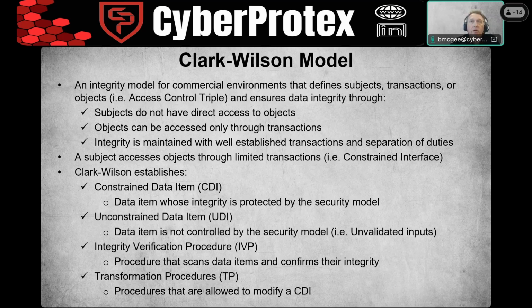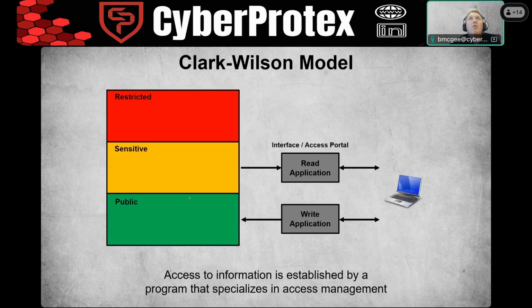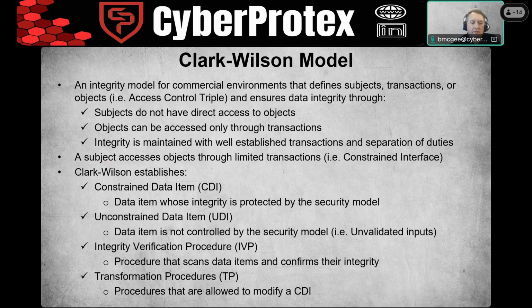Again, it looks to protect the integrity of information as it flows to and from the system. They come up with what they call a well-formed transaction. I'm going to put that on here because it's one of the things in my notes that is important for you to write down.